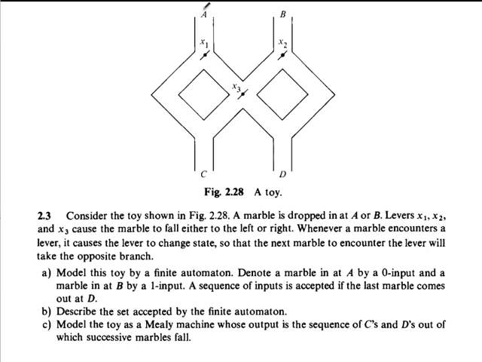So either you can drop a marble through this A or through this B. So there are two kinds of action that you can take, and those two actions are denoted as this 0 input and 1 input. So marble in A is 0 input, marble in B is 1 input.